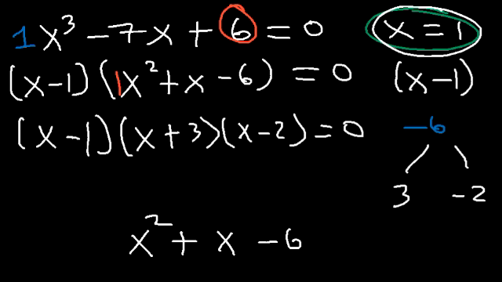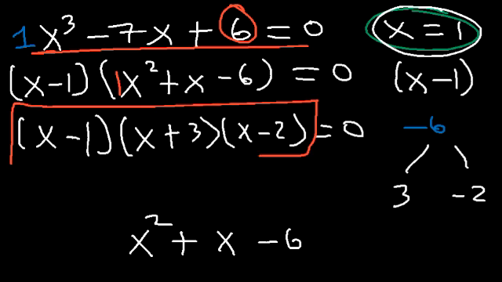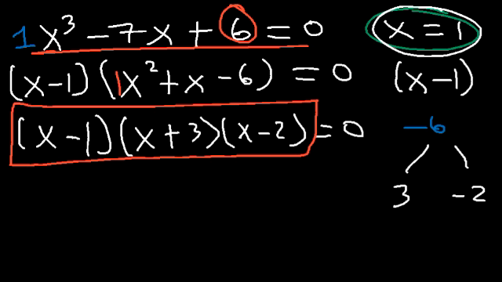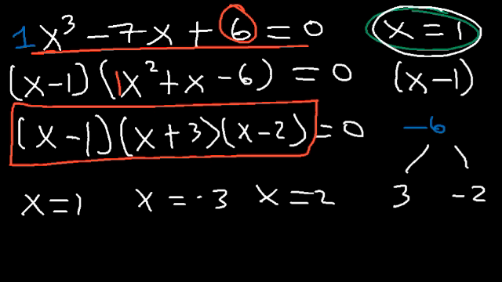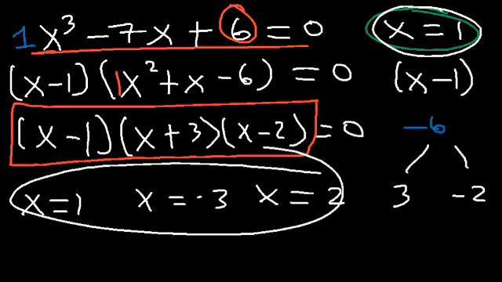So that's how you can completely factor a polynomial using synthetic division. To find the zeros, it's simply going to be x equals 1, x equals negative 3, and x equals 2. So these are the zeros of the polynomial function.